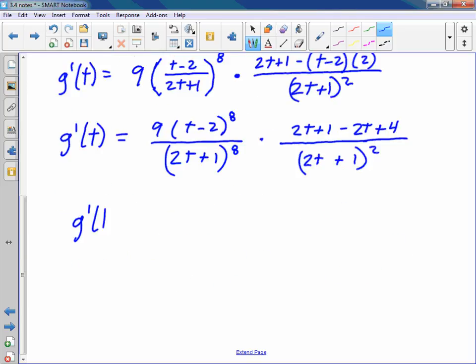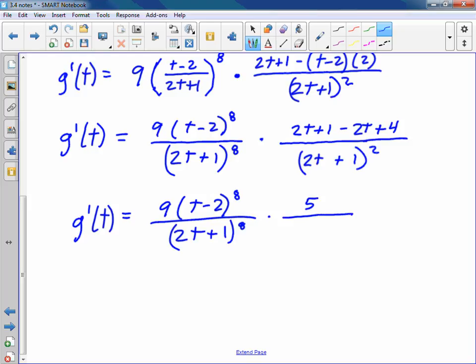G prime of t equals 9 times (t minus 2) to the 8th over (2t plus 1) to the 8th times, what do we have out here? What's that? 5 over (2t plus 1) squared.